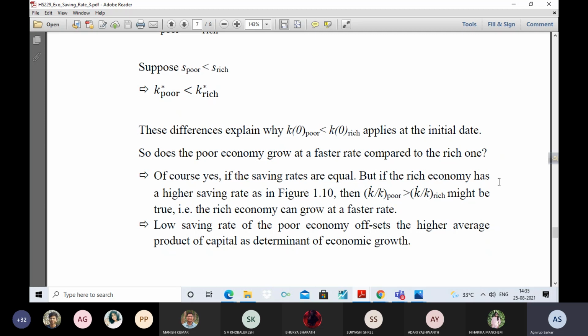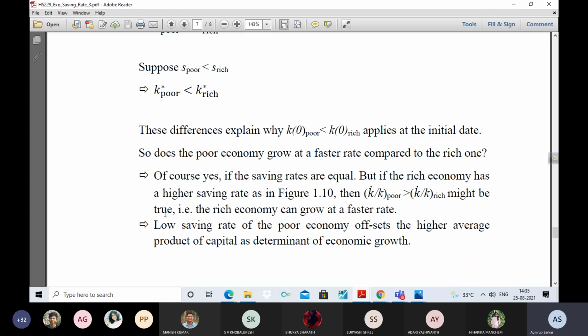But if the rich economy has a higher saving rate, as was just shown to you in figure 1.10, then the growth rate for the poorer economy may not be higher than the growth rate for the richer economy. I'm not saying that this is always going to be the case, but this might sometimes happen, right?